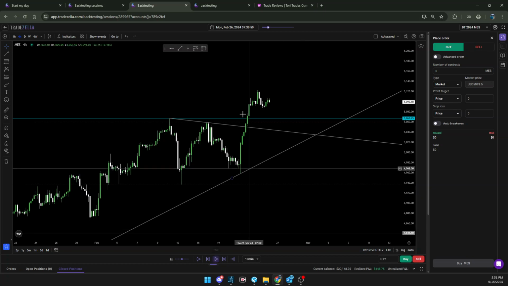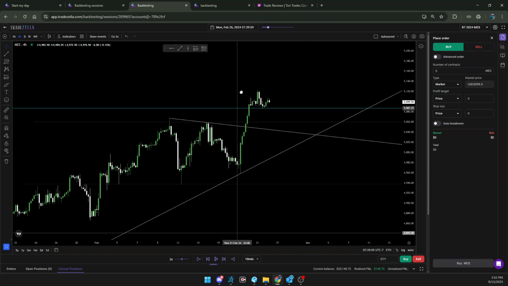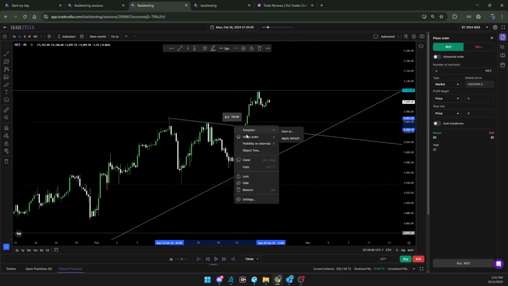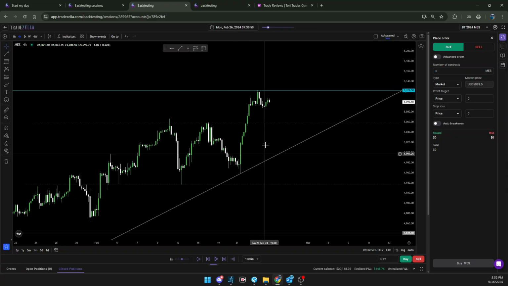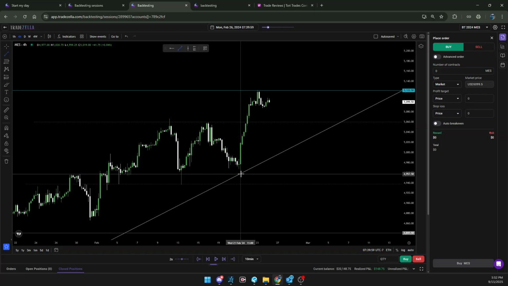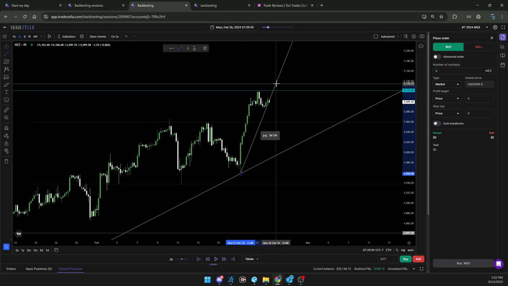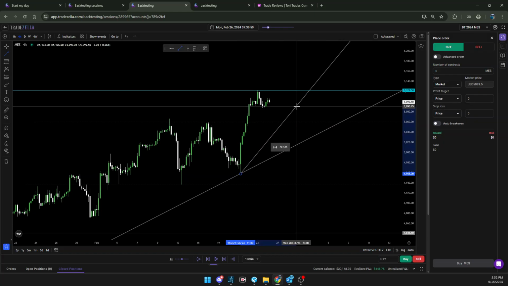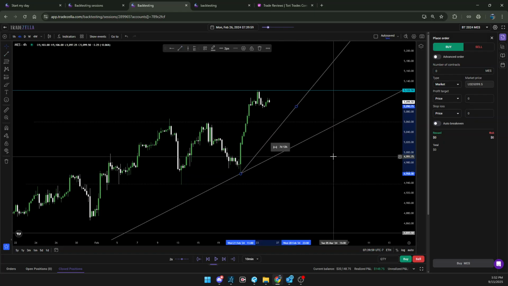All right, let's reset. We have a new all-time high here. This trend line's gone. We almost got a point B for a steeper trend line, but I don't like how that looks. Give me something about like that. That would be nice.